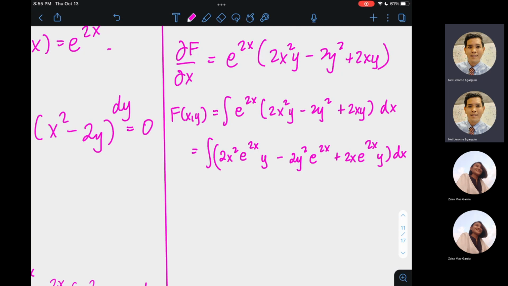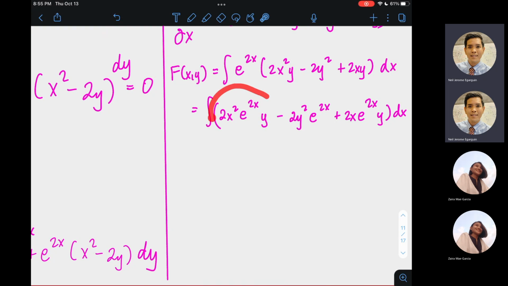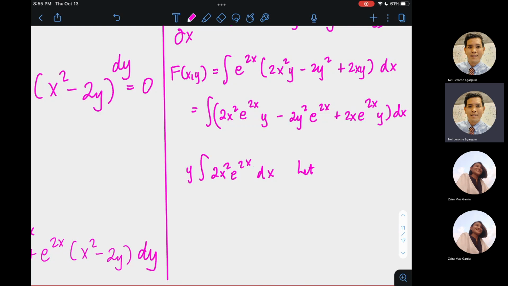Okay? So dito muna tayo sa unang term. Term by term integration tayo. So ito, gusto ko munang i-integrate yung 2x squared e to the 2x times y with respect to x. Integral to with respect to x, so pwedeng ilabas ko na kagad si y. Kasi constant lang naman siya, so lalabas na siya doon. Tapos dito, magle-let you ako ng what?